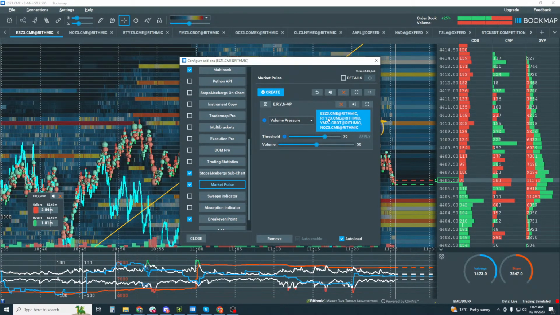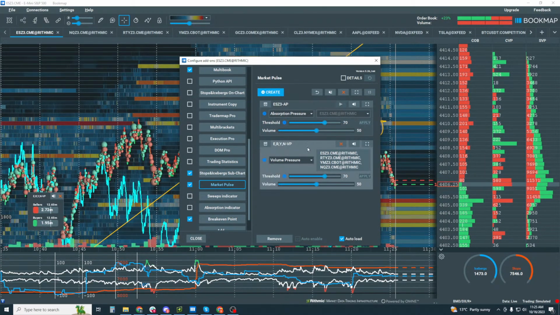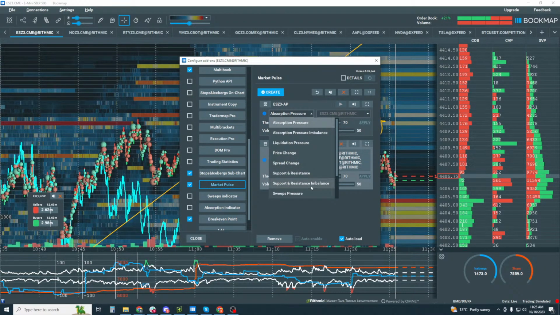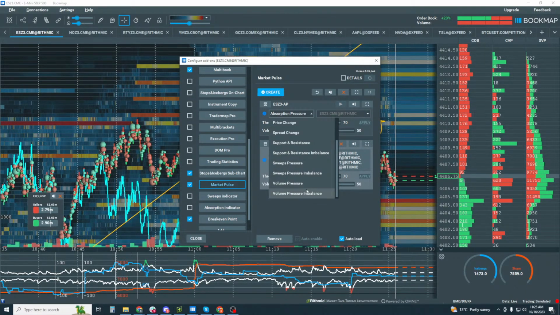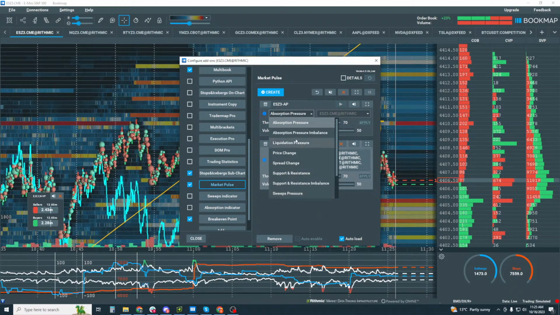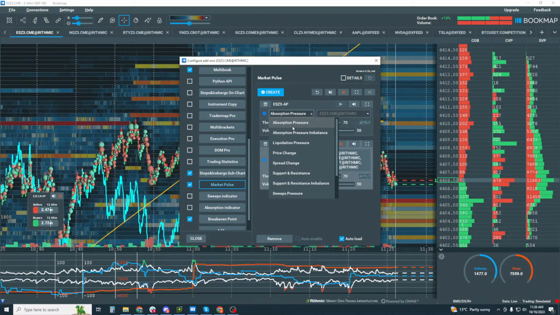So you have multiple instruments to make a synthetic instrument here. We can create new ones in here, and we can add absorption pressure. We have support and resistance and balance, and we have sweeps and sweeps pressure and balance. These are really powerful indicators to really understand. You don't have to turn away to different charts to look at and understand absorption, for example.